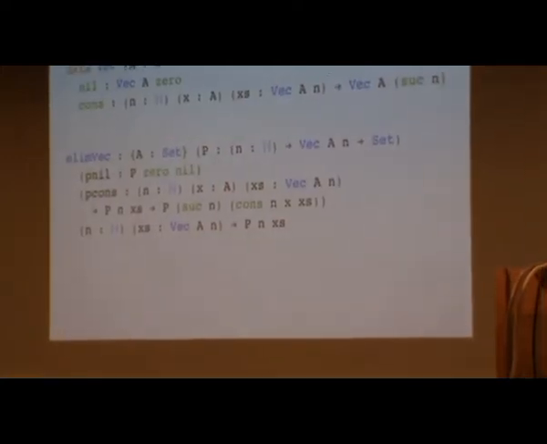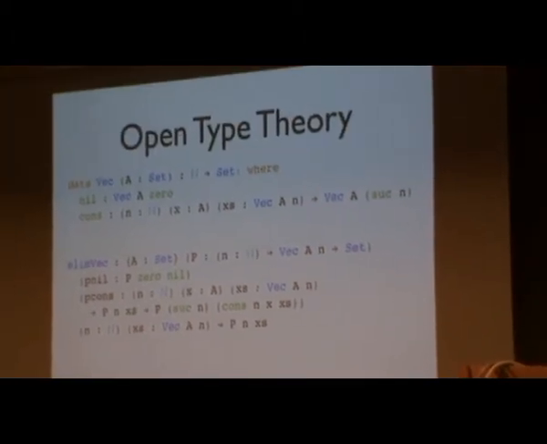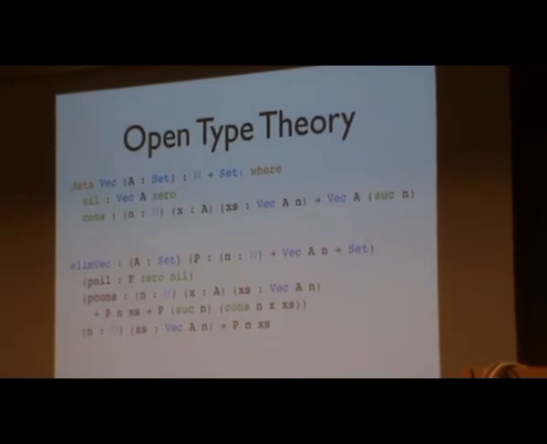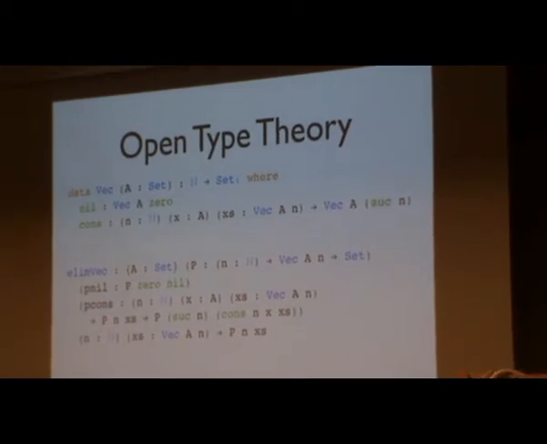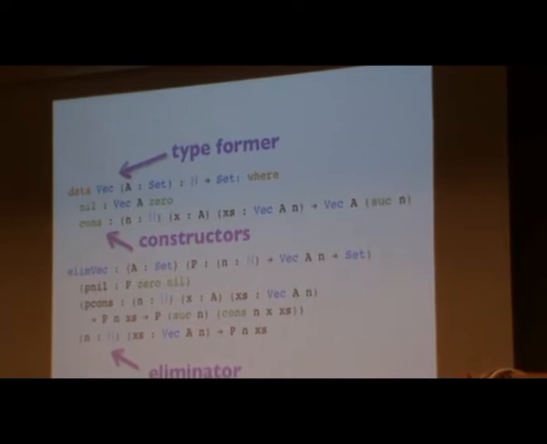This is like a traditional open type theory. What you might do is declare a data type like vectors, and then you have an eliminator for it. In type theory, when you introduce types, they have this expected interface, right?